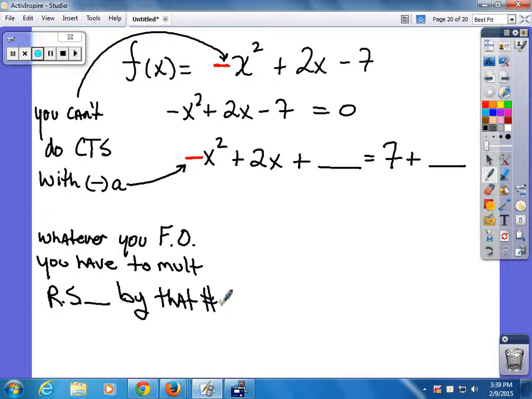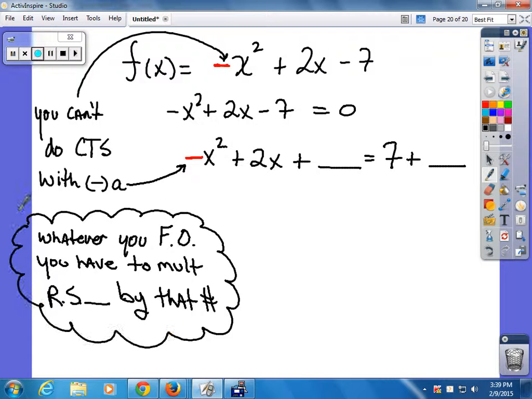Okay? Now write that rule, and I want you to highlight it. I want you to put a cloud around it. I want you to put stars around it. I don't care. I want you to paint it red, because you're going to forget to do that on the test.